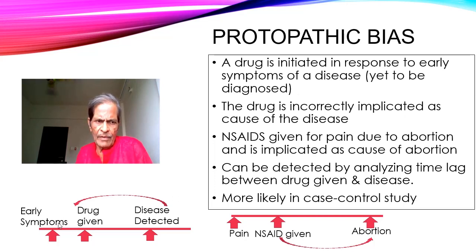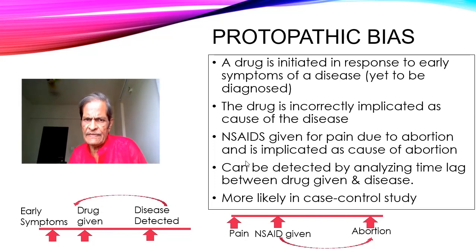So herein, the early symptoms are there, and that's why a particular drug is given. And then a disease is detected. When you make a retrospective inquiry, you find that this drug was given. Actually, this drug was not given for this disease, but for the early symptom of the disease. And therefore, protopathic bias has occurred in this case.